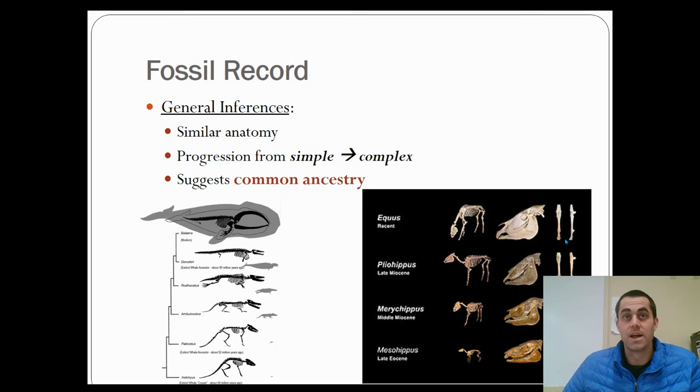Think like a rhino, and now they have 1. So from the fossils, we see a progression of size for horses, of how the foot has changed, of how the skull has changed. But you can see similarities in all of these creatures. And that suggests that they have a common ancestor.